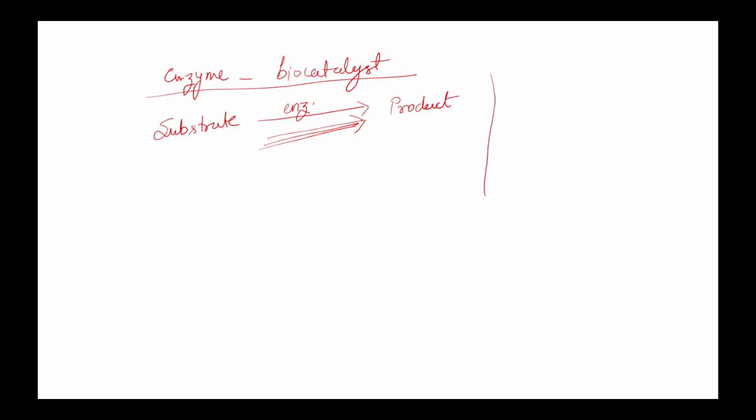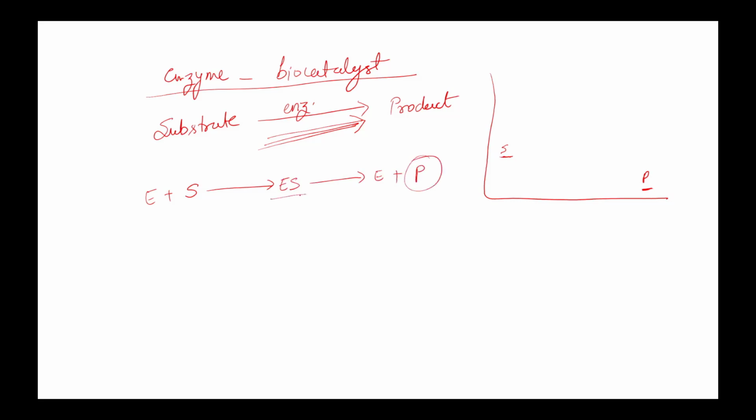So if this would be a simple graph, this is the point of the substrate, and this is the energy level of the product. How does the reaction take place from substrate to product? Enzyme plus substrate will form an enzyme substrate complex, and then the enzyme will get released and the substrate will get converted to the product.